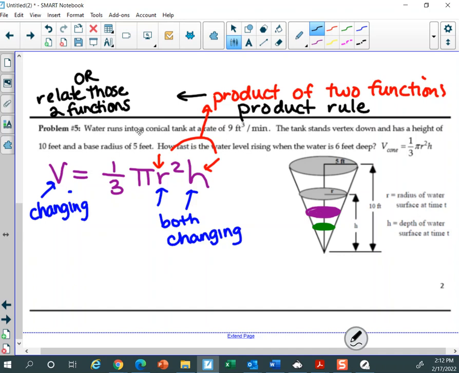But an alternate plan will be, if I can figure out how R and H are related, then maybe I could write the whole thing with just R or the whole thing with just H. And then I wouldn't have to do product rule because I'd have just one variable over here, not two. You got my thinking? If I could write this with all H's, life would be better. No product rule, just derivative of the H and the derivative of the V. Or if I could write it with all R's, all better.